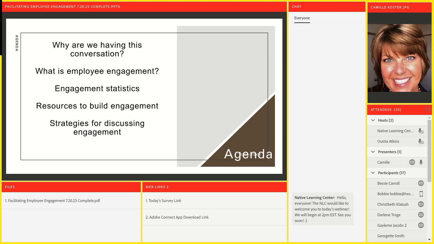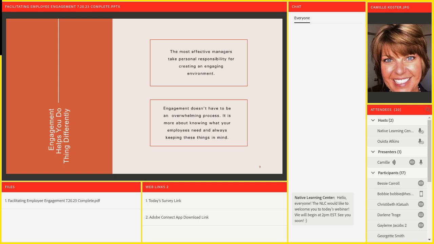So let's jump in, and we will start with the idea that engagement is your job if you're the leader or manager. Like I said before, I think it's something that we saw as HR's job, the executive leadership team's job, a tribal administrator's job, but today we know that the person that has the most powerful impact on any employee is their direct manager or their direct leader.